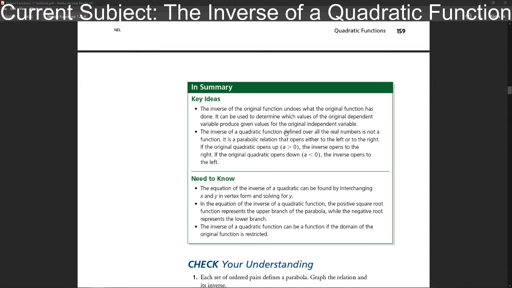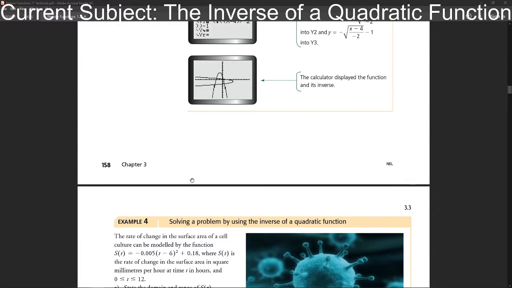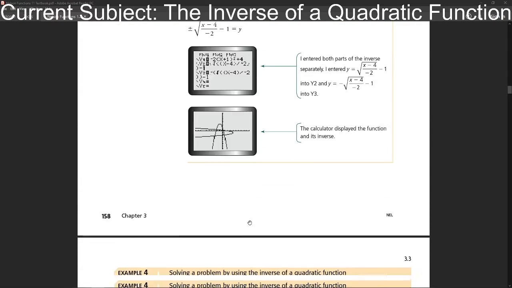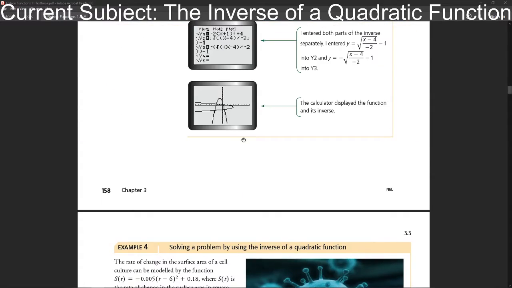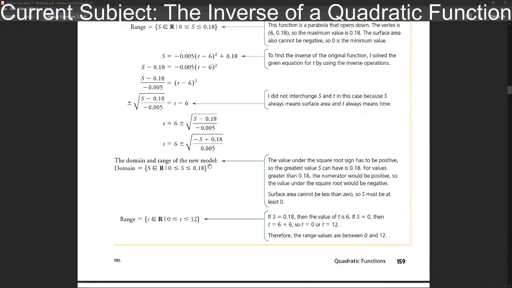The inverse of a quadratic function defined over all the real numbers is not a function. That's right, except it's a reflection, and then the graphs go sideways like that. Oh, interesting. So when it opens down, it opens to the left.